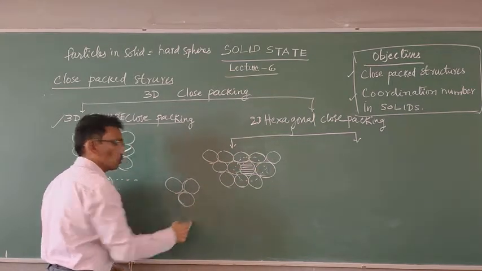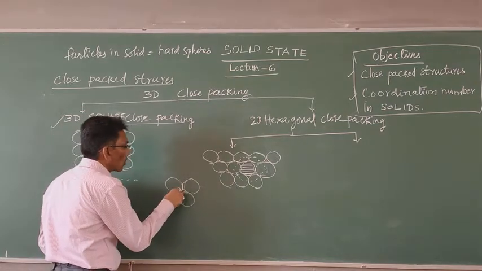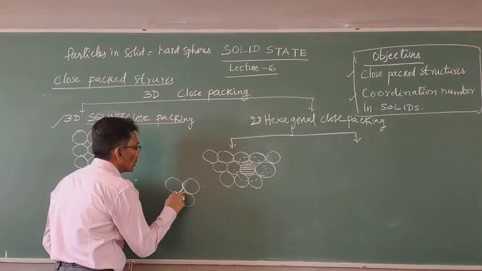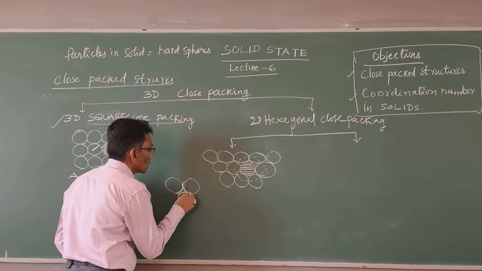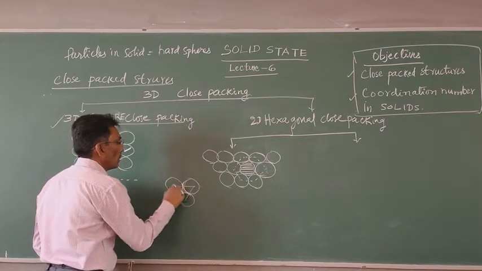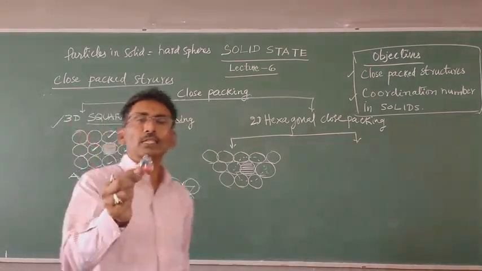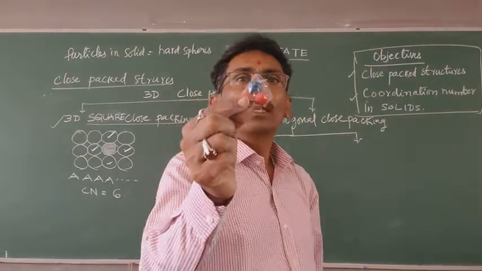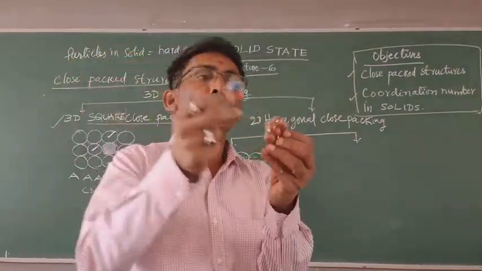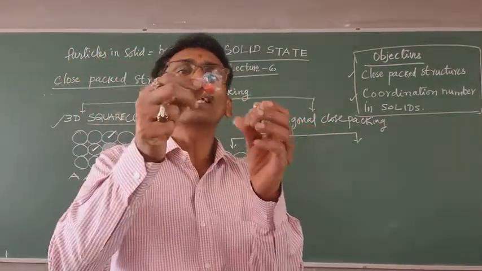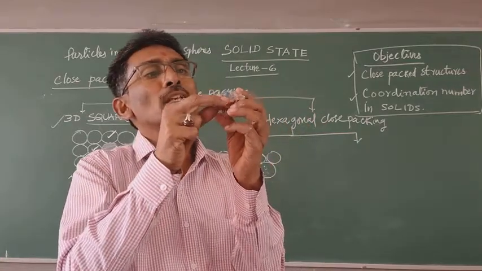Row 1, row 2. And this void you are watching is a triangular void. This triangular void is occupied by a sphere of the next layer.